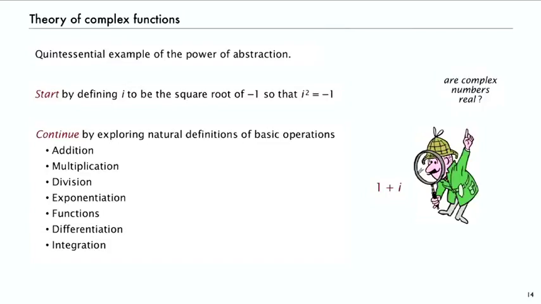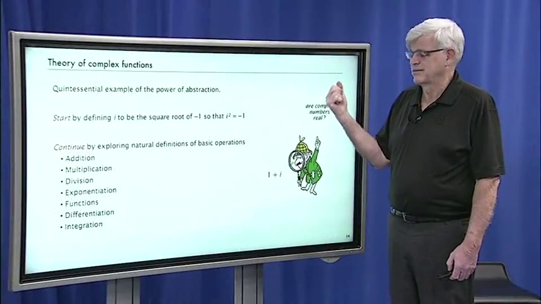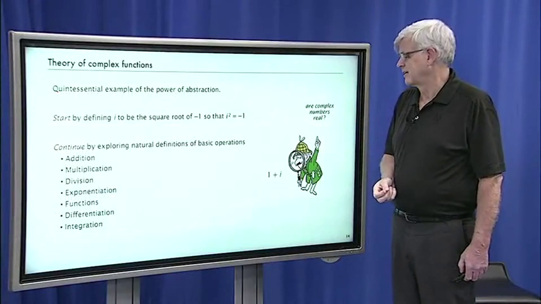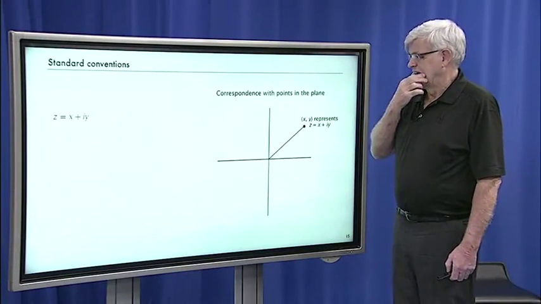We're going to want to differentiate and integrate them. This leads to a whole theory that not only is beautiful in its own right, but also turns out to have many, many applications in science, in mathematics, and in particular analytic combinatorics.